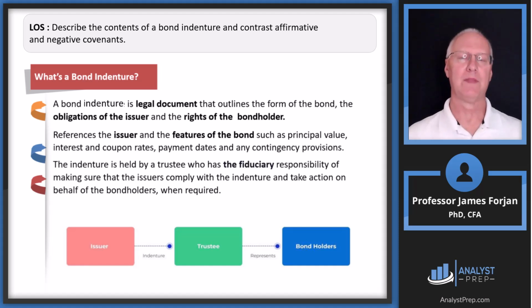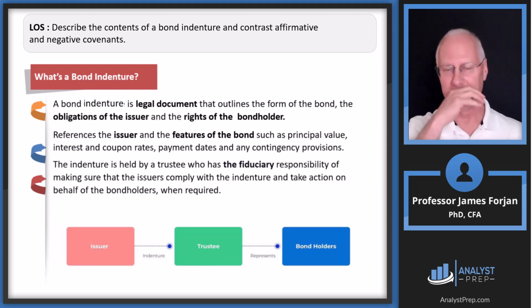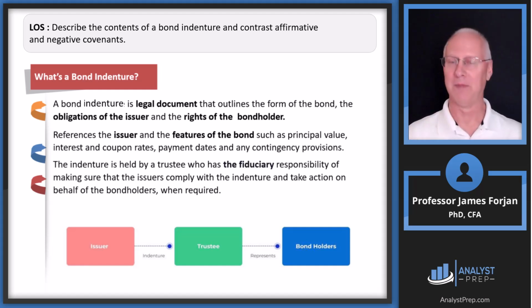Now, remember what I said at the introduction. I said something like, what the issuer does is make an explicit promise. And I picked that term specifically because the explicit promise has its basis in legality. And so what we call the bond indenture is the legal document that outlines the obligations of the issuer. You can read these things.